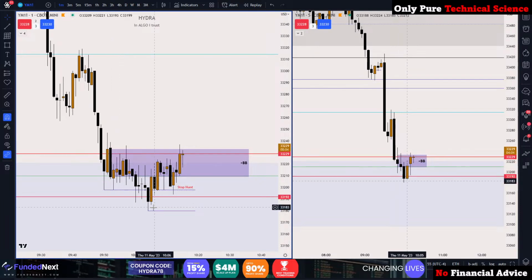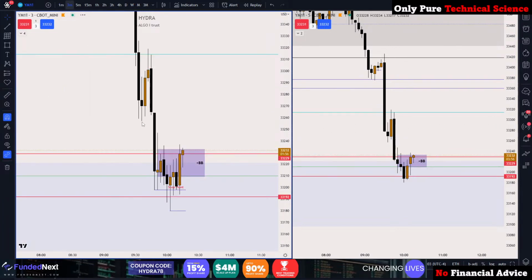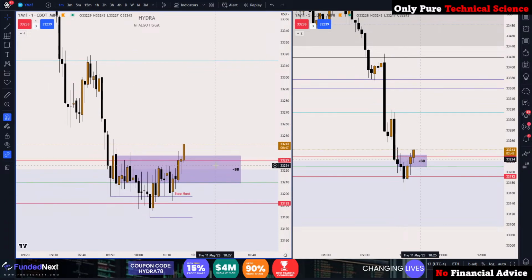Stop hunt below this low, new low. This up close candle becomes our breaker block. If it's not clear, it wasn't clear for me on the 1-minute chart. Then I looked at the 3-minute chart and I found that this up close candle, I marked it. Then I refined the trade idea on the 1-minute chart. Okay, I'll take this trade on demo.